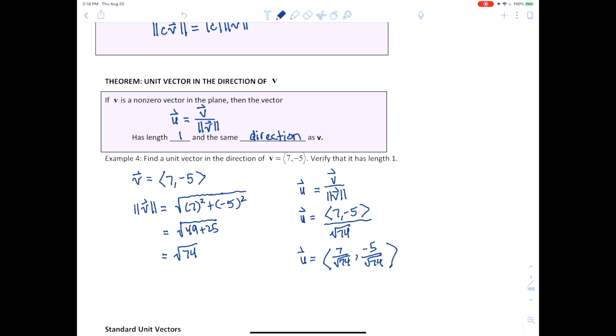Now, if you want to verify what the magnitude of U is, and that it has a magnitude of 1, what do we do?